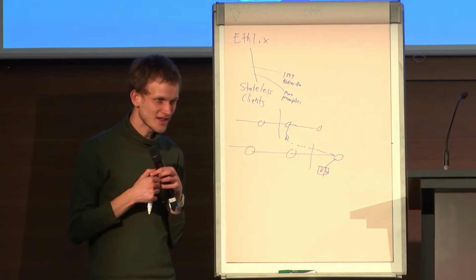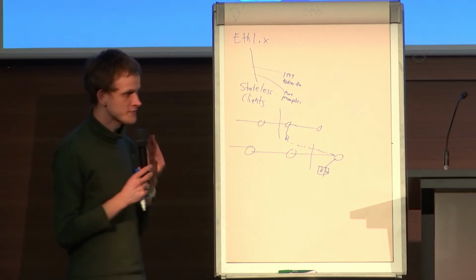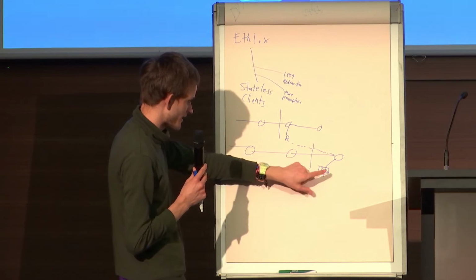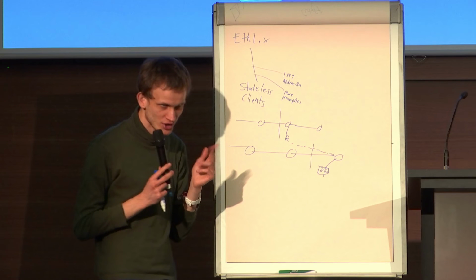And the other nice thing that this gives us for efficiency is that because you have the block processing as a pure function, we can make ETH1 be one shard instead of making it mandatory for everyone. What that means is you can have different subsets of validators processing ETH1 blocks.